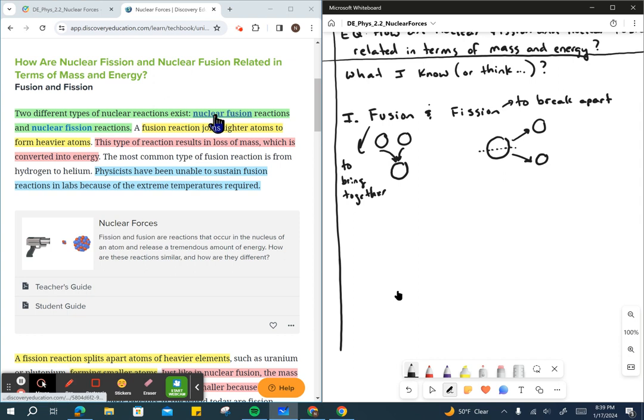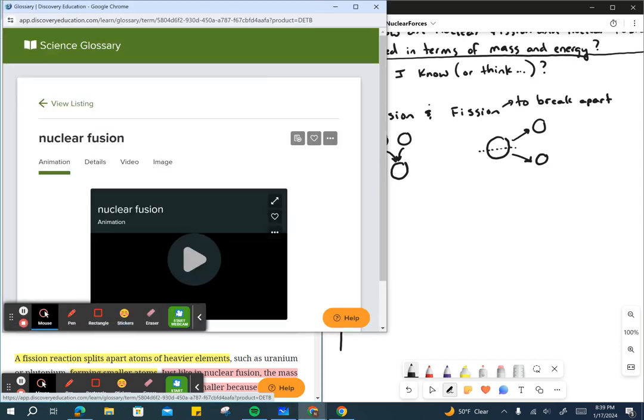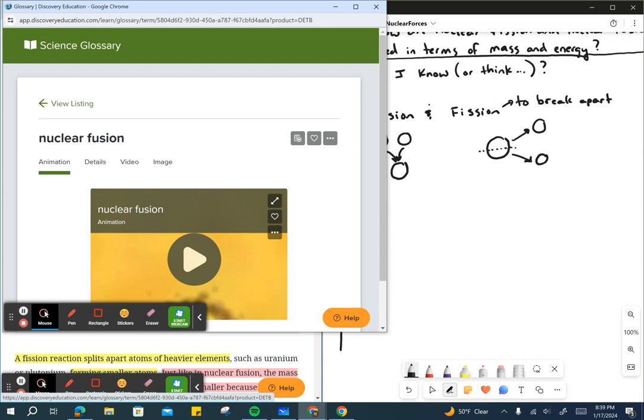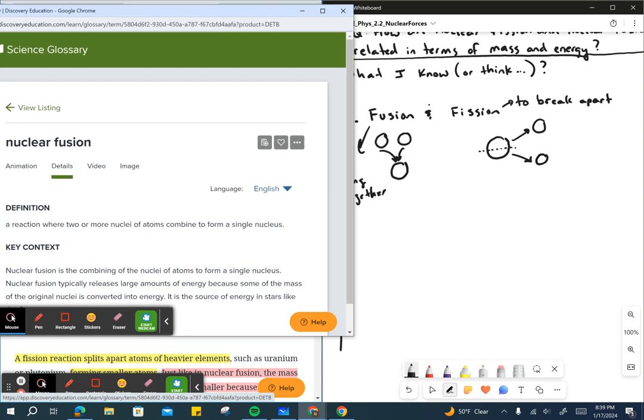These are just some simple ways to connect this for you. Let's actually take a look at the definitions. We can click on that, and there's a good video animation. The reaction where two or more nuclei of atoms combine to form a single nucleus. All right, so let's actually write that down. Okay, a reaction.